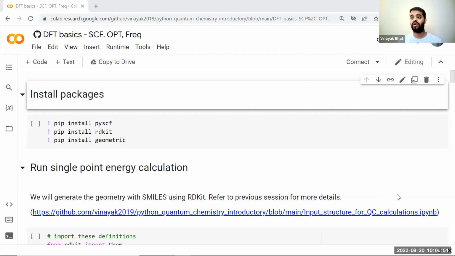Can everyone see my browser screen? Do let me know with a thumbs up or something so that I'm sure that you can see the browser screen.